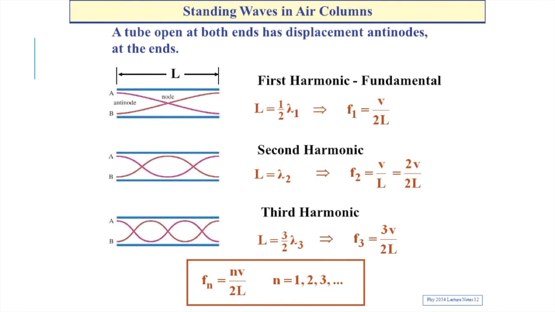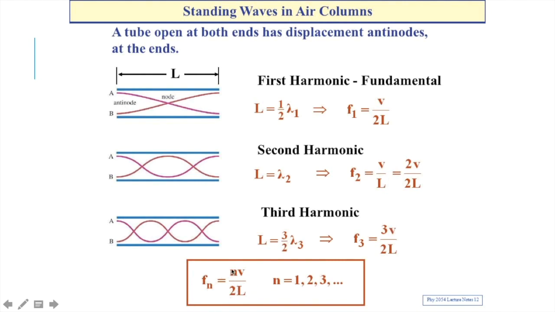So it should follow that the math of all the harmonics works out exactly the same as well. And it does. And you can and should sketch these in your notes, the second and third harmonics for the open tube, and go ahead and work through the math and convince yourself that the fundamental frequency is the same, the frequency of the second harmonic is the same, of the third harmonic is the same, and so on.